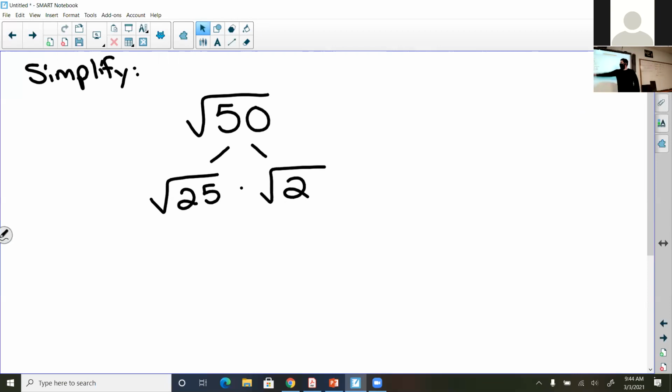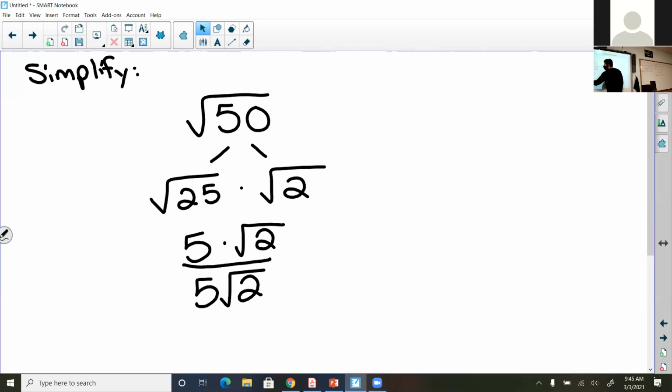Now I know the square root of 25 is 5. So I'm going to rewrite the square root of 25 as its equivalent, 5. And then, like many times with multiplication, we can disregard the symbol. And 5 square root 2 is our simplified radical.